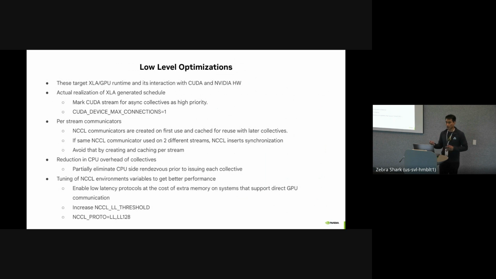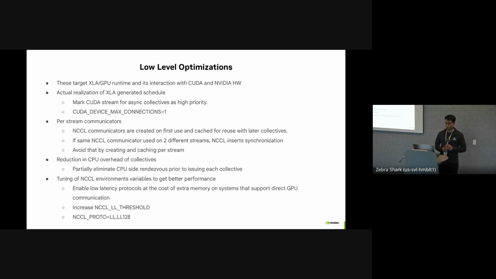And depending on the compute capability, CUDA will create multiple CUDA command queues to launch kernels. By doing this, it's possible that it's going to launch kernels out of order, and that's not what we want. So the CUDA device max connections setting is to tell CUDA to only use one command queue.